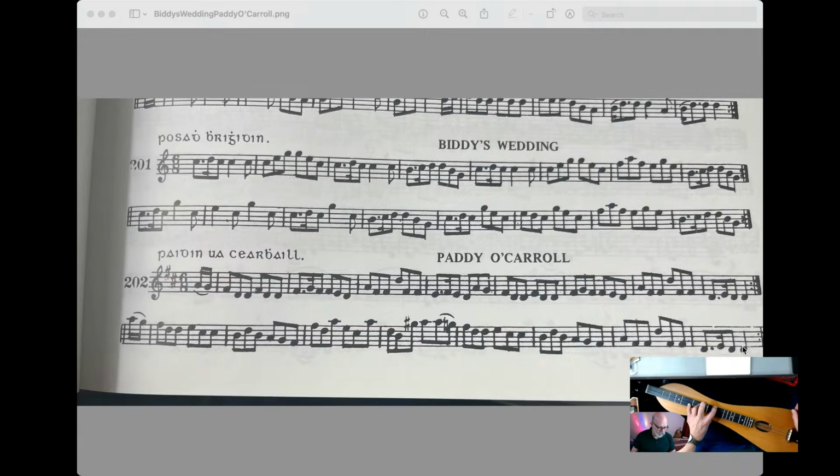I've got the D chord first, and then the A chord, and the D chord, and then the G chord. E7 actually. So this is kind of like Whiskey Before Breakfast. It's got all those chords in the B part.